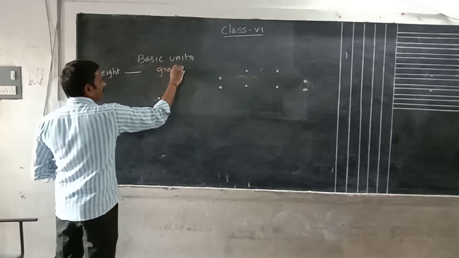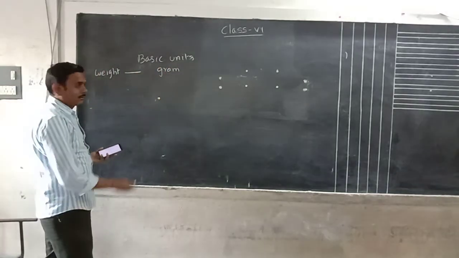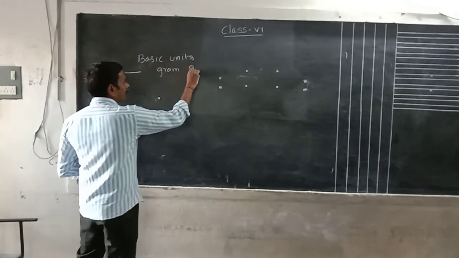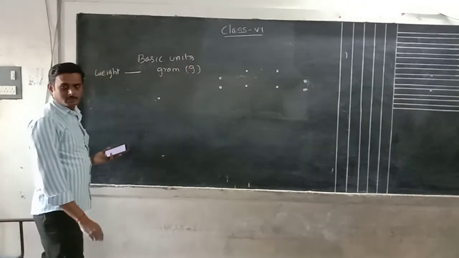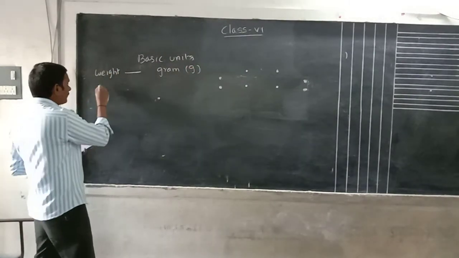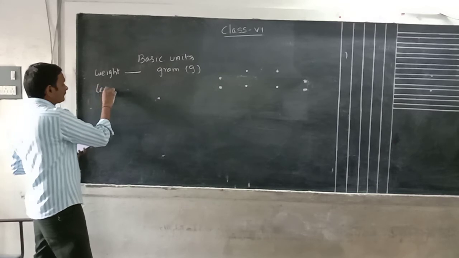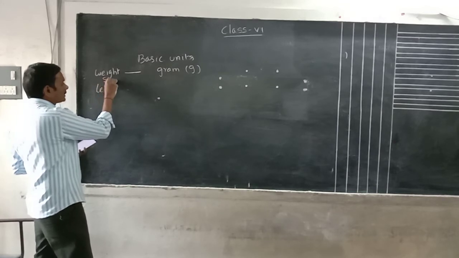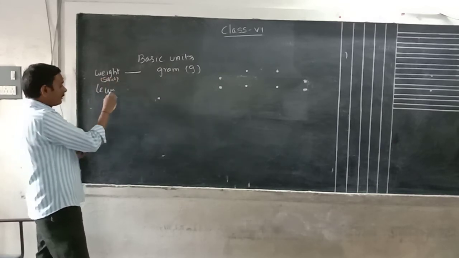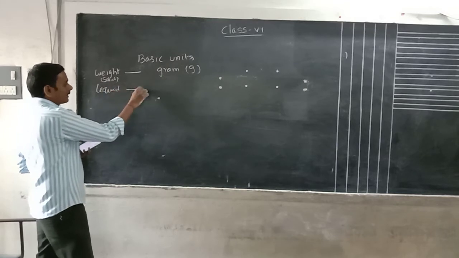For weight, what are the basic units? Grams. Gram is denoted by g. Next, liquids. These are the solids; if you take a liquid, what is the basic measurement?